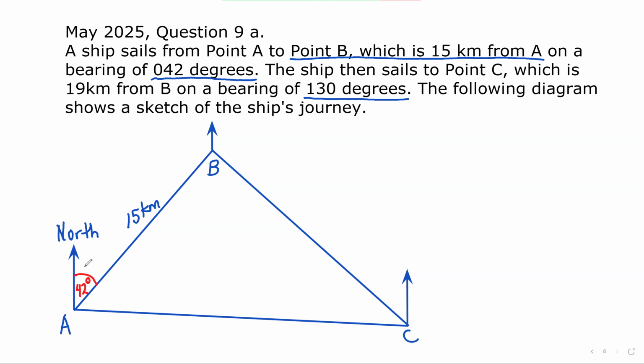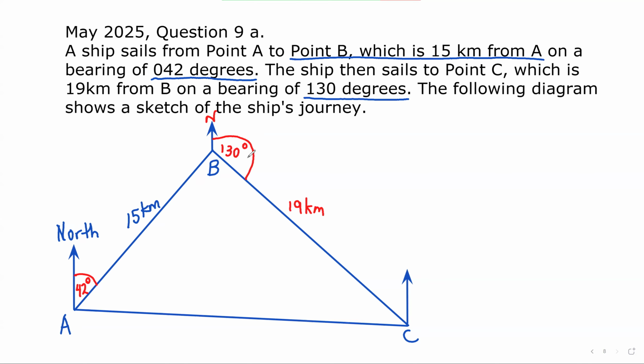Then it says the ship sails to point C, so it's leaving B and sailing to point C, which is 19 km away from B. So this distance here is 19 kilometers, on a bearing of 130 degrees from B. So this will be your north line here, and the bearing of C from B will be this angle over here, which is 130 degrees.